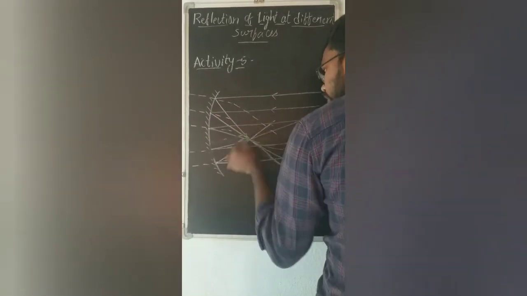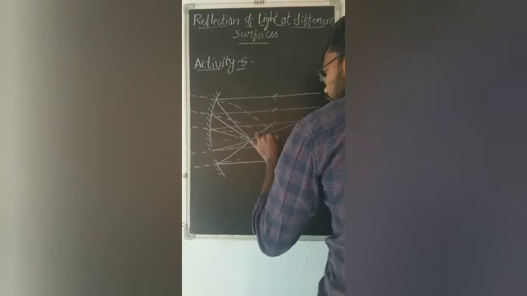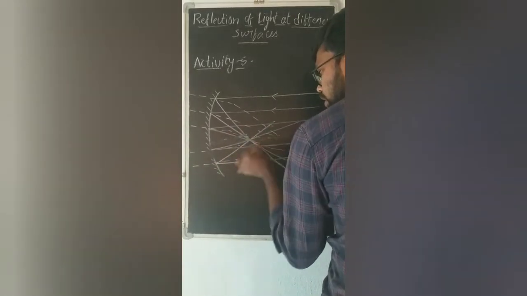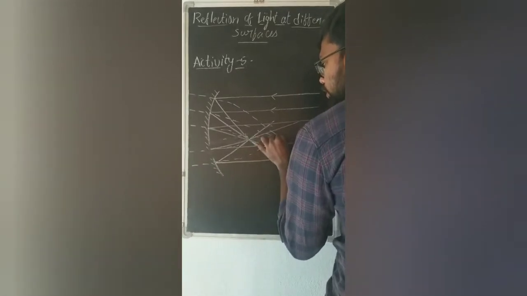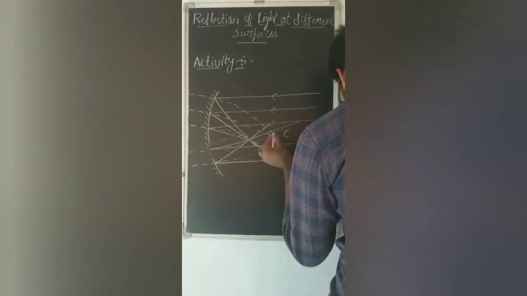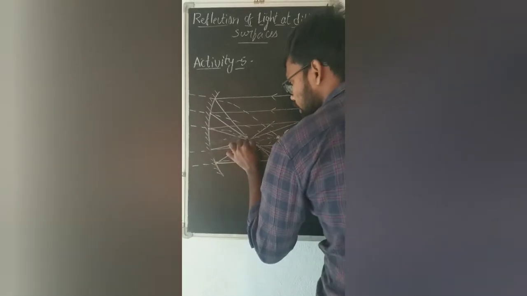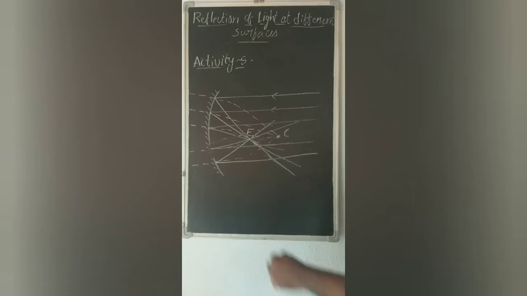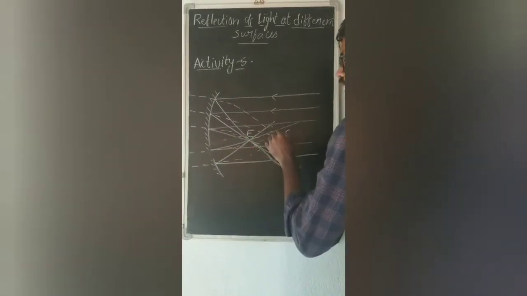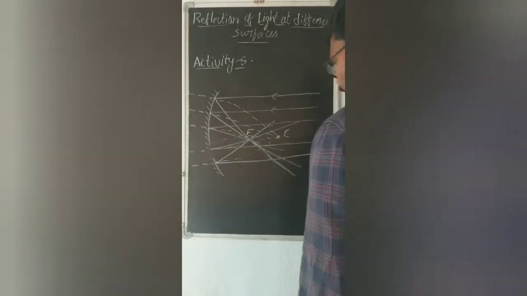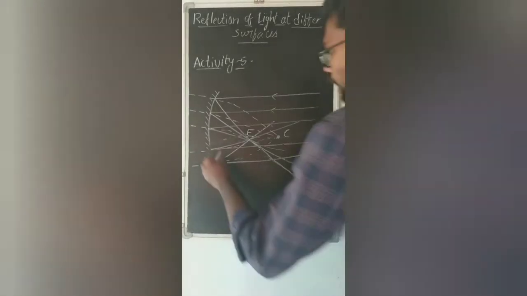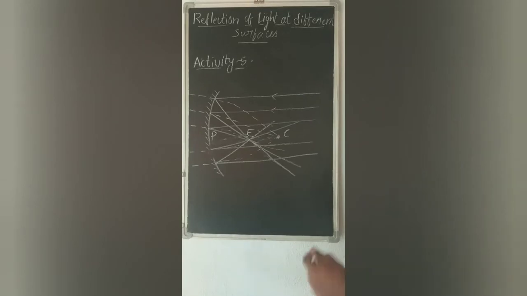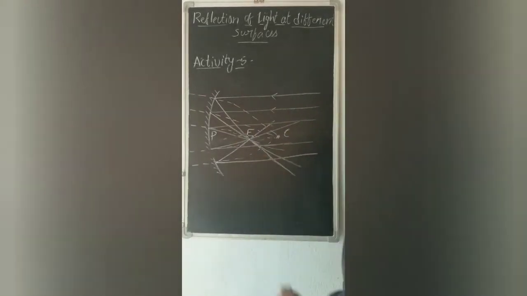That point is known as the center of curvature, C, and this point is F, the focal point. This point, the center of the mirror, is known as the pole. This is how images will be formed.